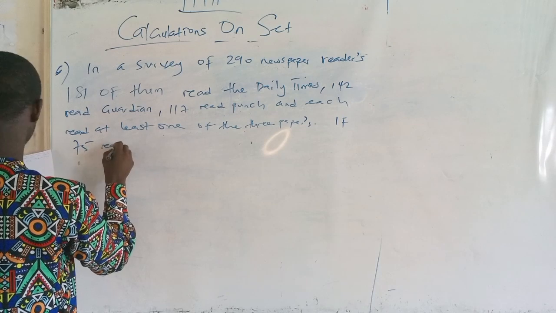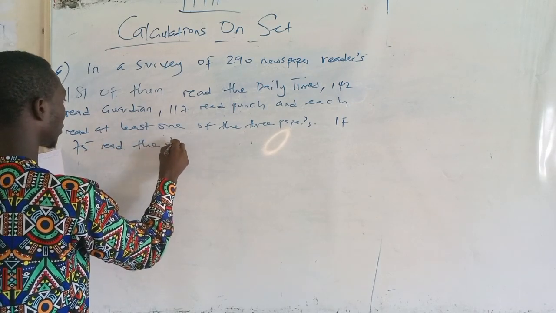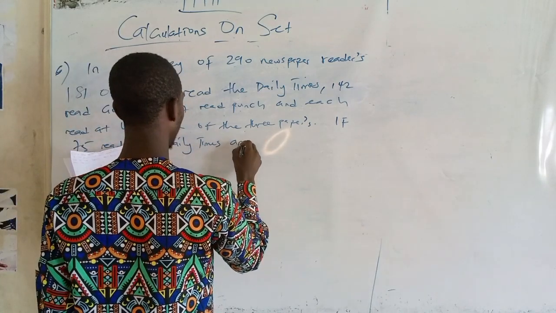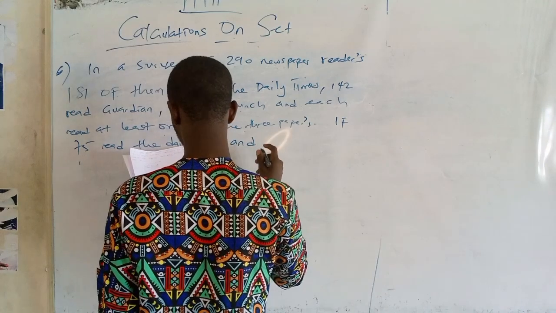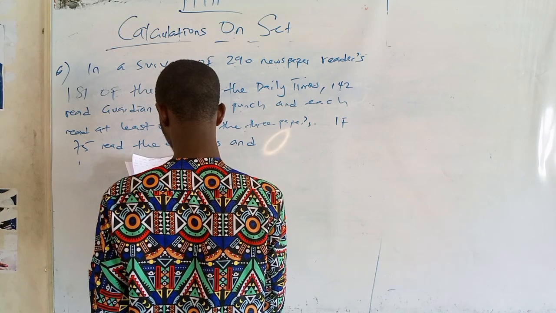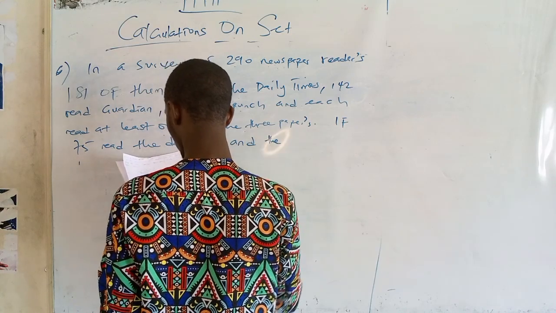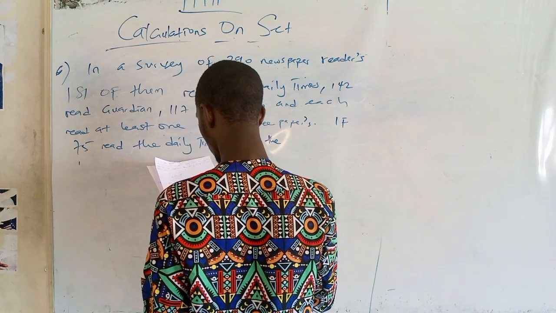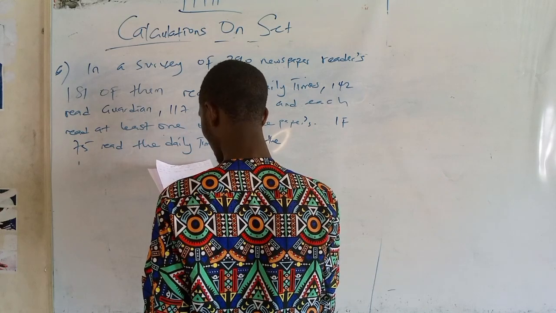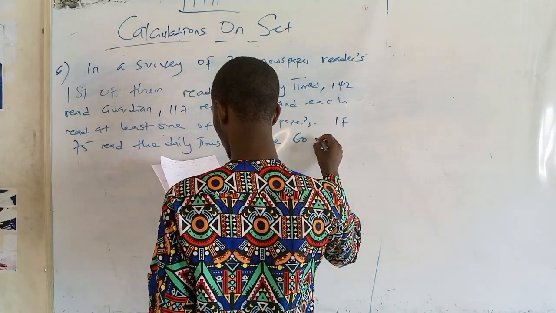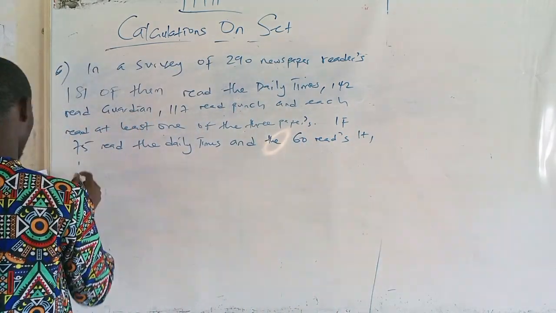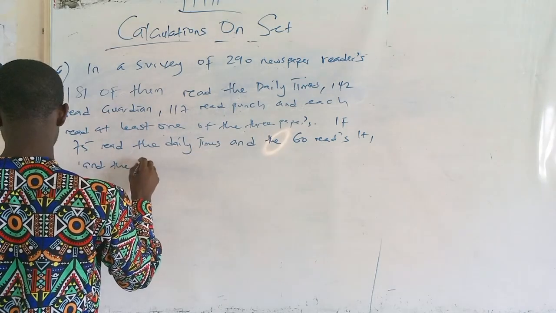75 read the Daily Times and the Guardian. 60 read the Daily Times and the Punch. And 54 read the Guardian and the Punch.